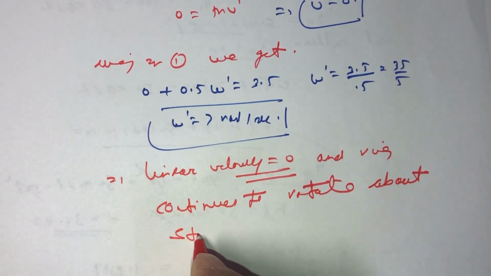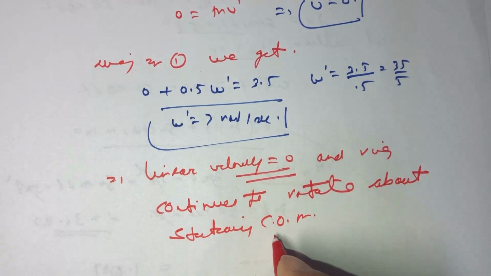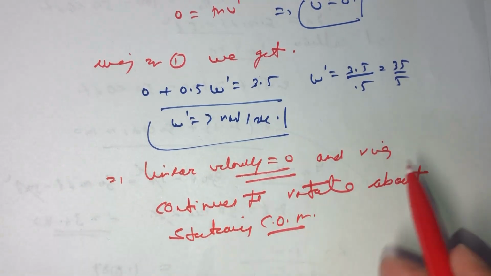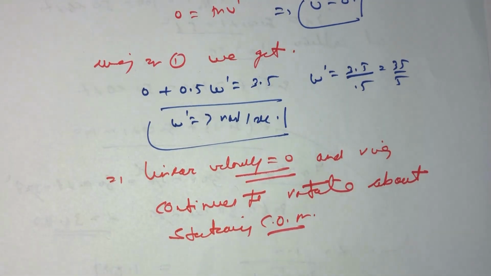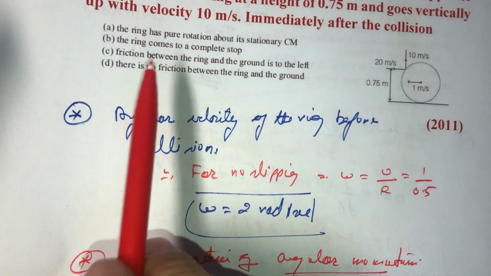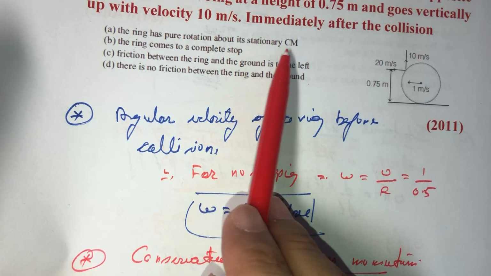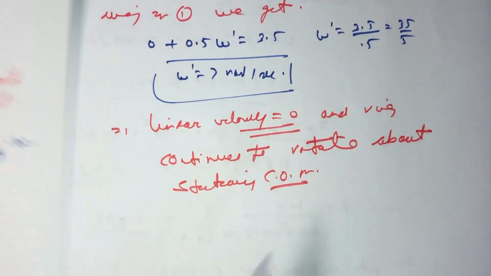So we can say about the stationary center of mass, because v prime is equal to 0, we just found out. So it means statement A, which states that the ring has pure rotation about its center of mass, stationary center of mass, is true.